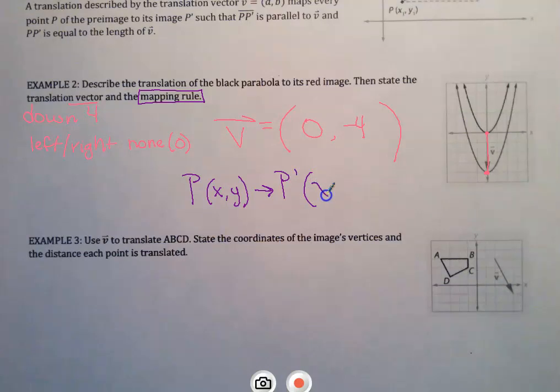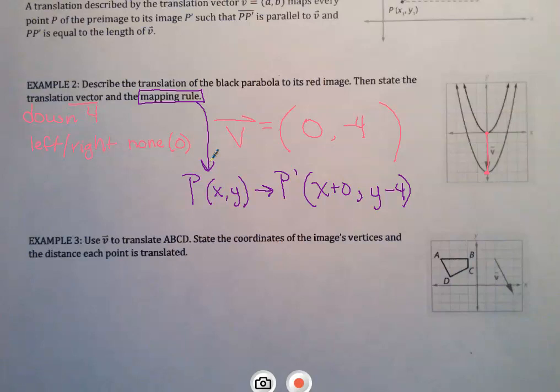What do I do to my x coordinate? I'm going to add 0 or I do nothing. You could put plus 0 or you could just leave it. I'm going to put plus 0 so you see where they're coming from. What do I do with my y coordinate? There's your mapping rule, and you're done.